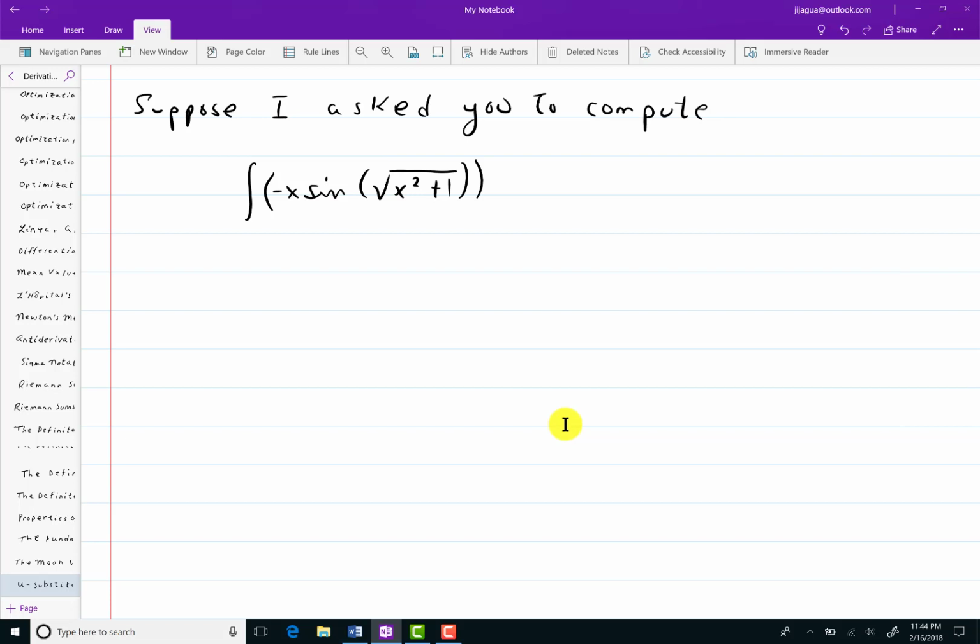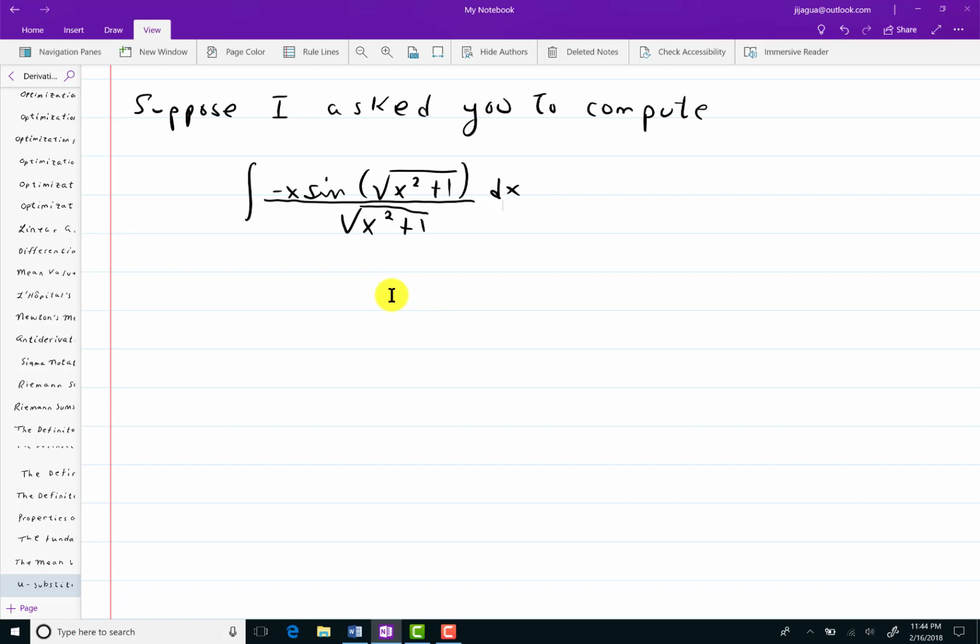I think actually I could take these out. Let me take that out. If I make my division bar long enough to include the negative up there, I think I'll be fine. Now the question is here. If I gave you this problem and asked you to do this integral, would you be able to do it?